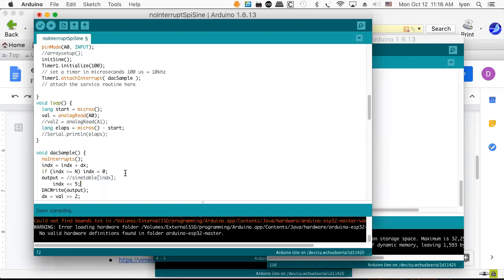And so the shift will take precedence. The index will get shifted. Output will increment 128 times. And then, let's see, what else do I need to do? Index is resetting itself whenever it gets to n. Oh gosh, I don't know. That might work.